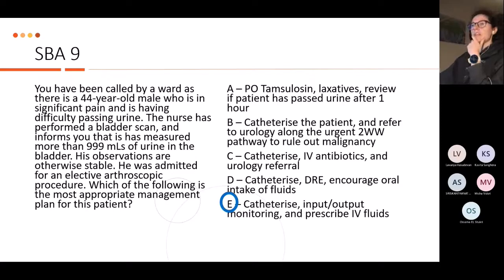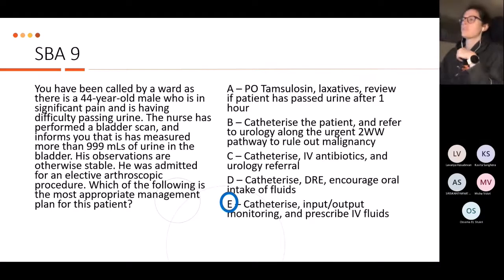Okay, so the answer is E. Unfortunately, when you do a talk about a specific topic, often the answer is kind of obvious. The patient is clearly in acute urinary retention. The question is more the specifics of management.